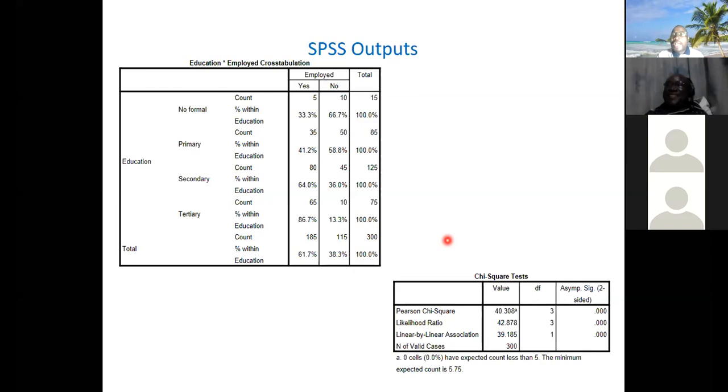I was trying to understand what you meant by the outcome being binary. Look at it: employed, not employed. Employed, not employed is binary. Oh, okay, I see what you mean.